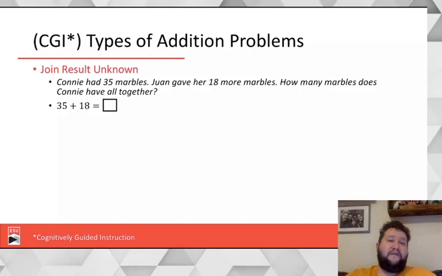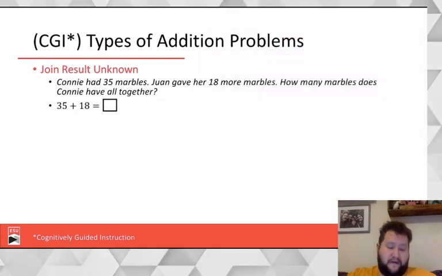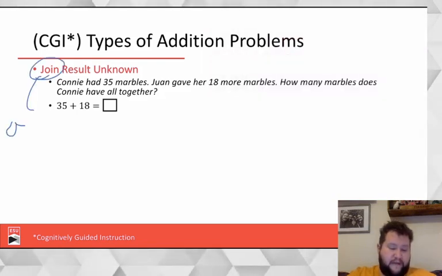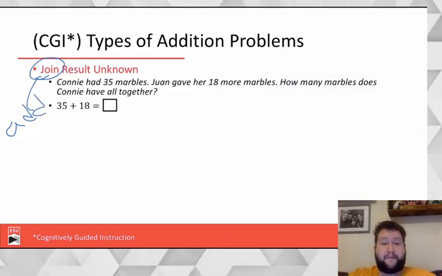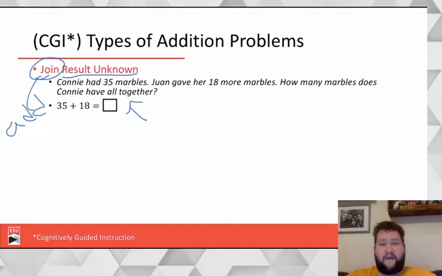So the first type of problem that a child can start to grapple with is a join result unknown. And so join just means add, because when we get to subtraction in the next video, we're going to talk about separate. And then result unknown, because we don't know how many we have altogether. So it says Connie has 35 marbles.